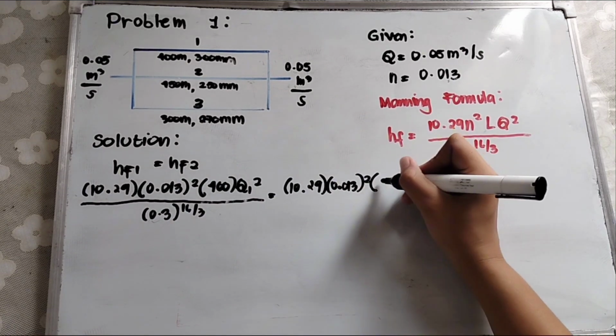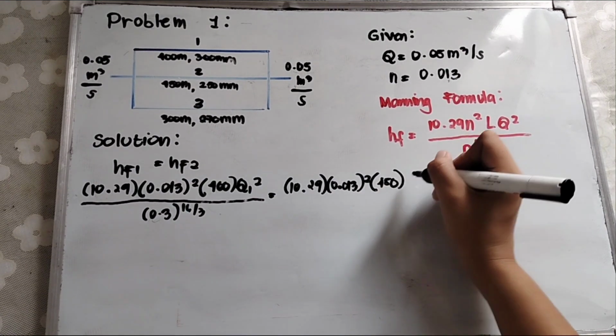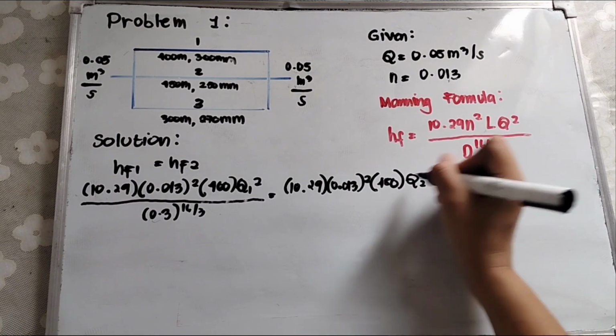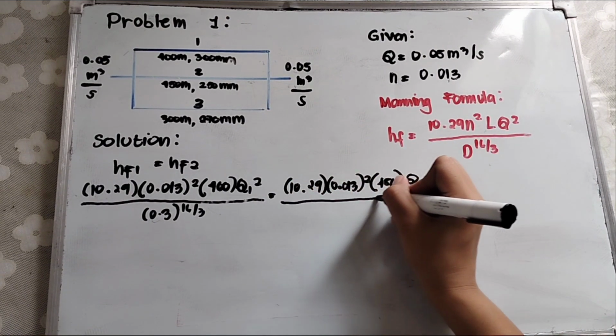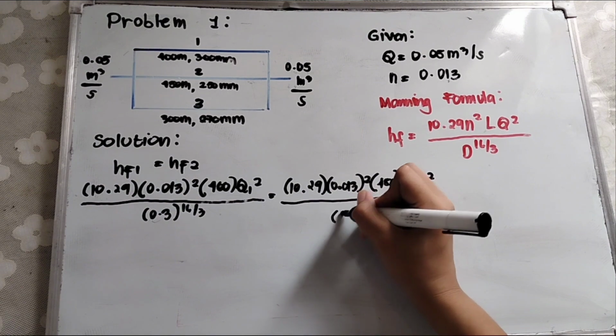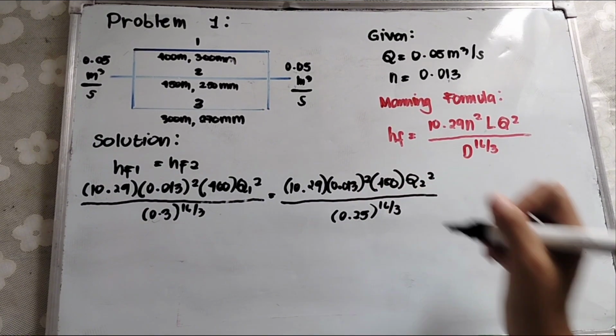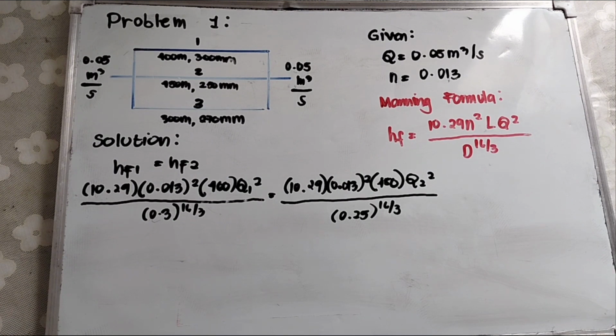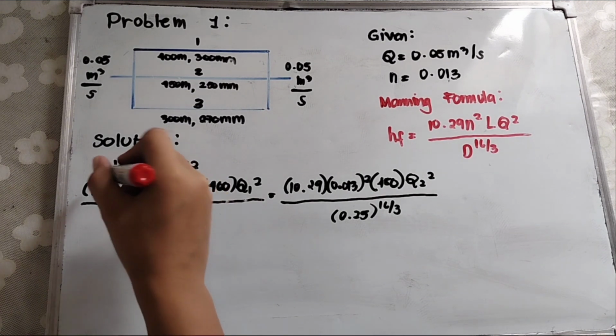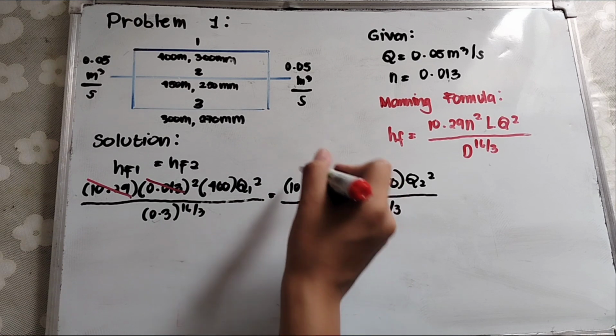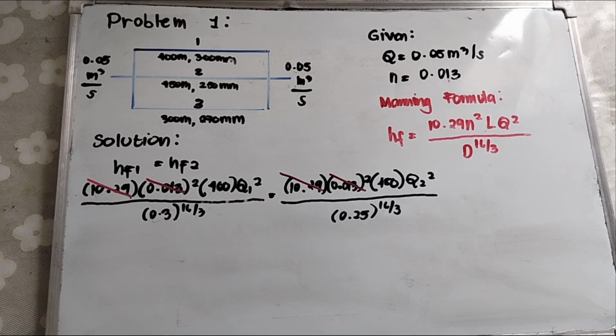So we have 10.29 times 0.013 raised to 2 times 450 times Q sub 2 raised to 2 over 0.25 raised to 16 over 3. Now, we can cancel out 10.29, which is the constant, and also our roughness coefficient, which is 0.013 raised to 2.